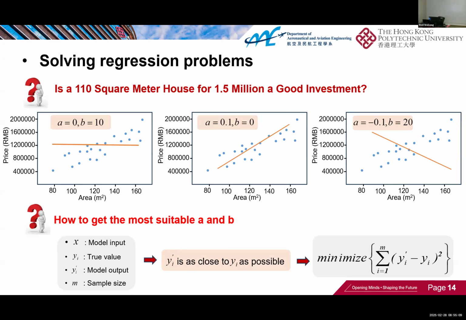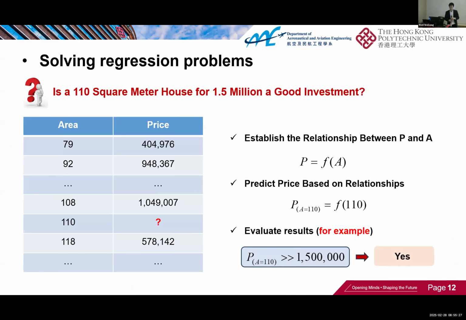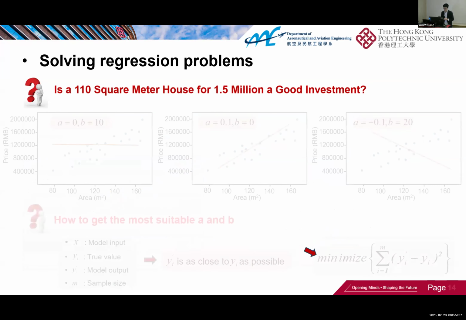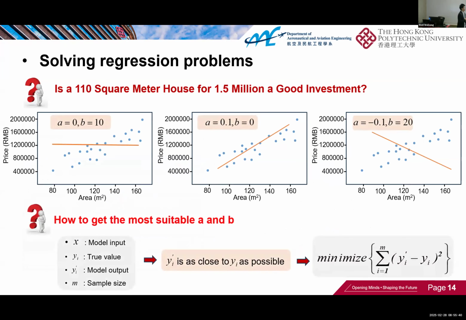X is the model input, the values of the area of the house. yi is the true value, coming from the previous table, the column of prices. This is the known variable. And yi hat is the model output.